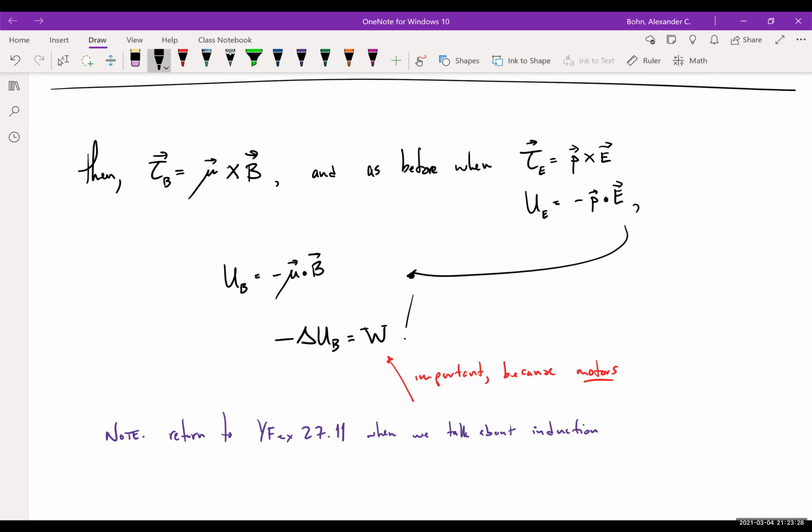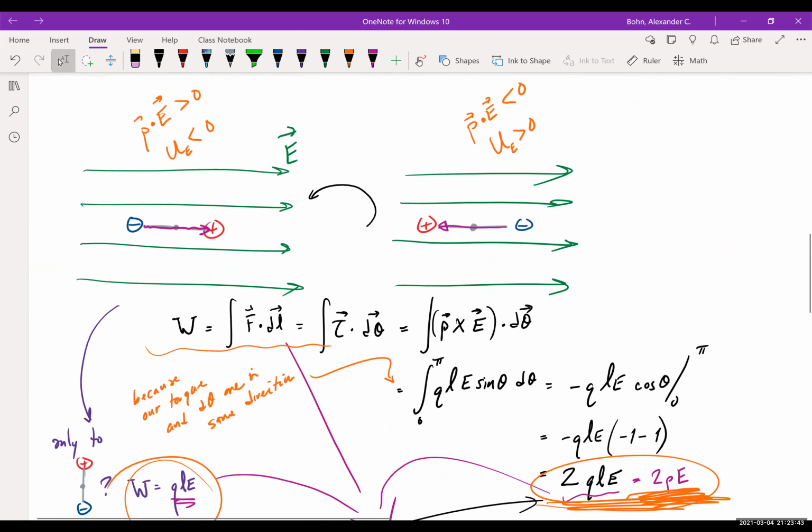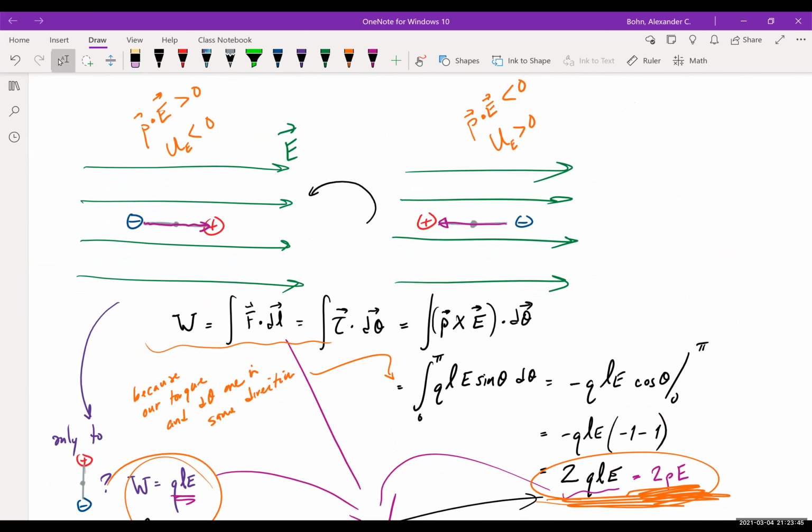It is not particularly common for us to talk about the work done by the electric field on an electric dipole. It's not super common that we have a practical application for that.